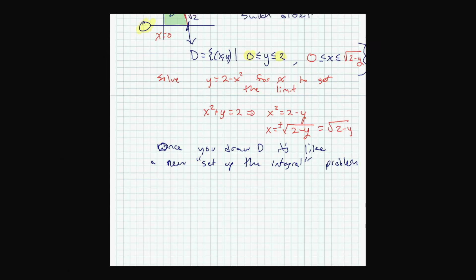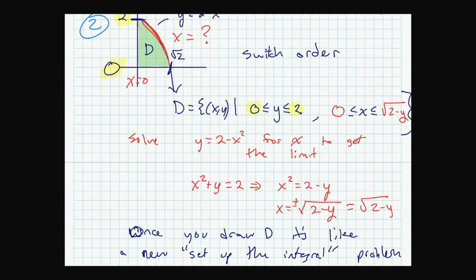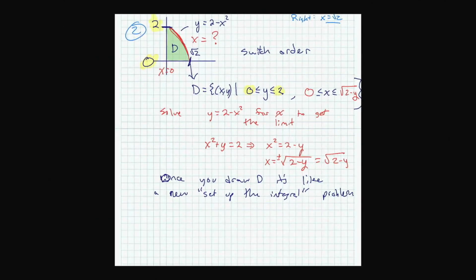So you just do it the way you would any set up the integral problems. Just make sure you actually do write it in the opposite order this time. Otherwise, you'll get the same answer that you started with. So that's switching the order of integration. Draw the region, then switch it.